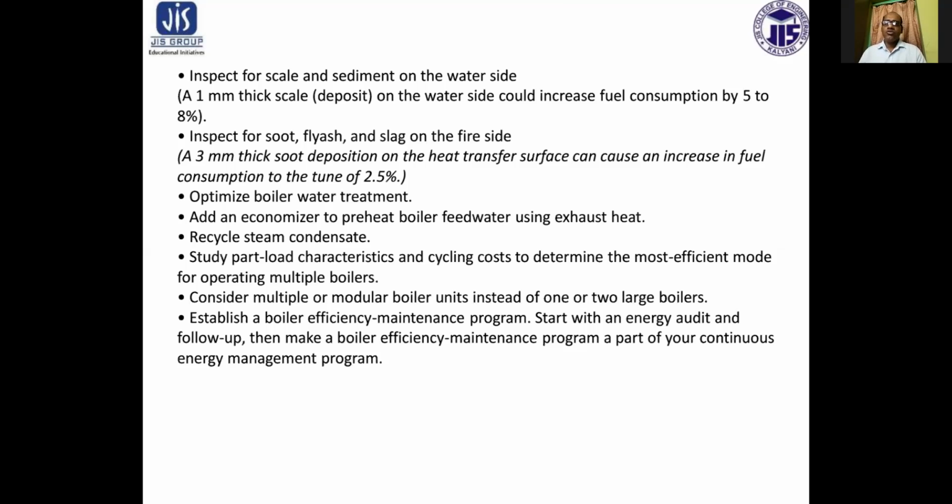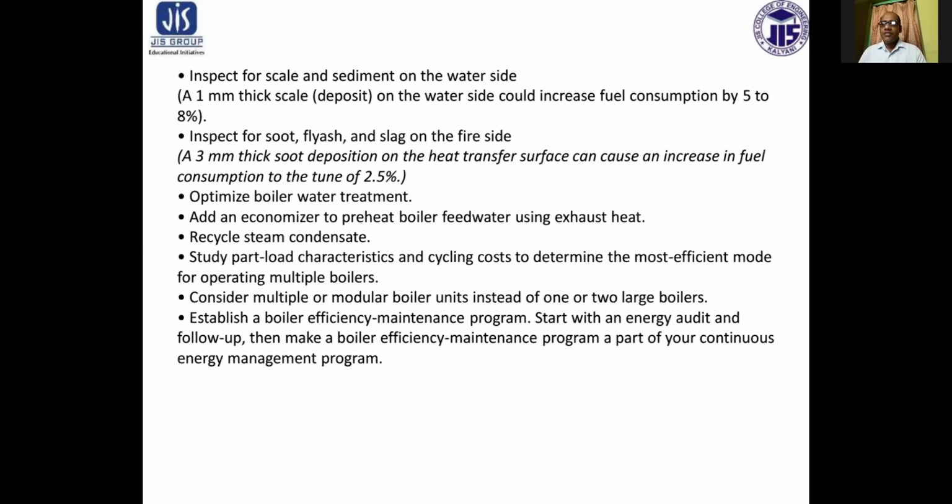During the part load analysis, it is found that at night, 7 to 9 p.m., the most power is required. In industries, it is required during the daytime. And summer and winter also vary. So this part load characteristic is very important, and on it depends how many units will run most efficiently.